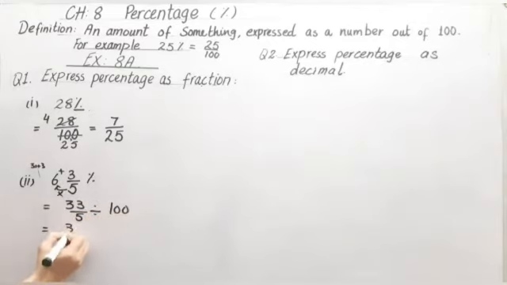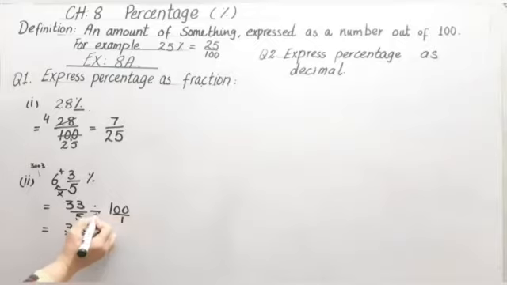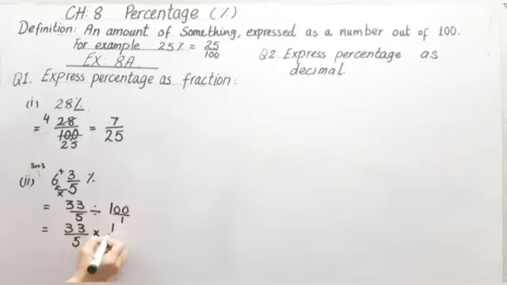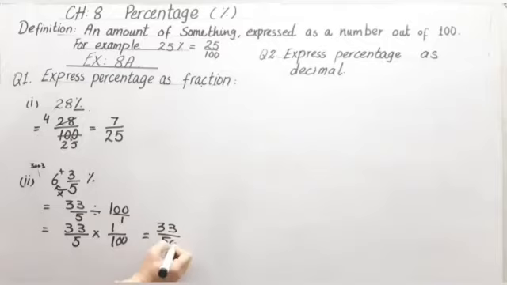Since it is written 100 by 1, when we change the division sign into multiplication, we take the reciprocal of it. We multiply numerator with numerator and denominator with denominator, and in this way we solve this. 33 divided by 500 is our answer.